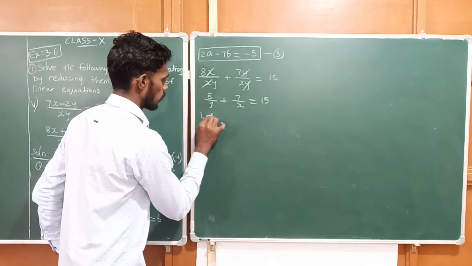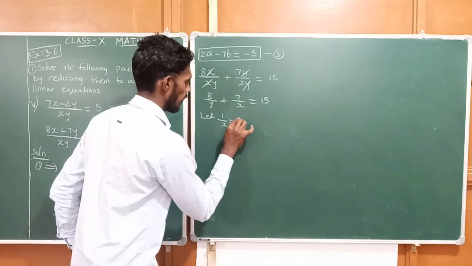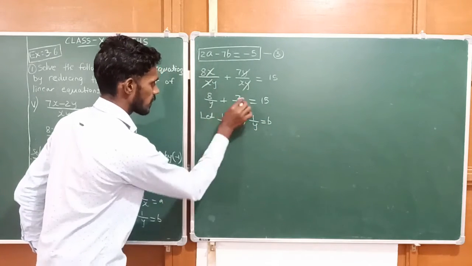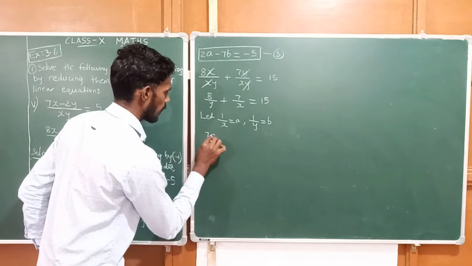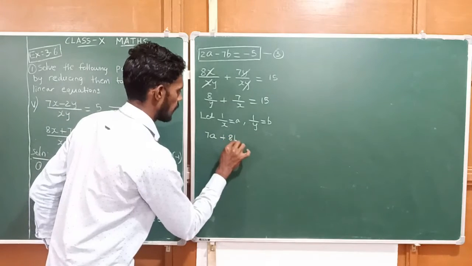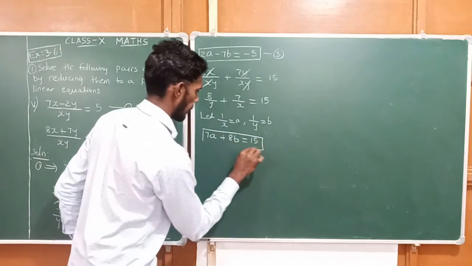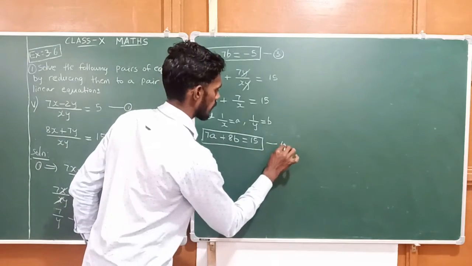Now let us substitute 1 by x is equal to a and 1 by y is equal to b. Then this equation becomes 7a plus 8b is equal to 15. Mark this equation as number 4.